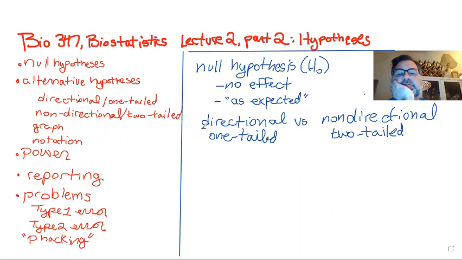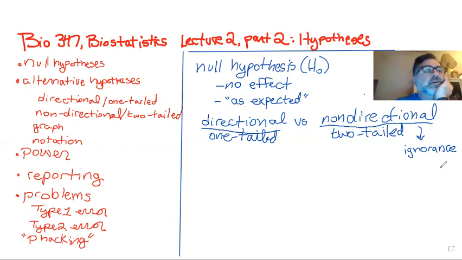Directional means you think you know what's going to happen. Non-directional means you have no idea. This is something that I'll call ignorance, and that's not a bad thing. In fact, when a scientific field is young, you can expect that you'll have a lot of non-directional hypotheses. You just know something is happening.